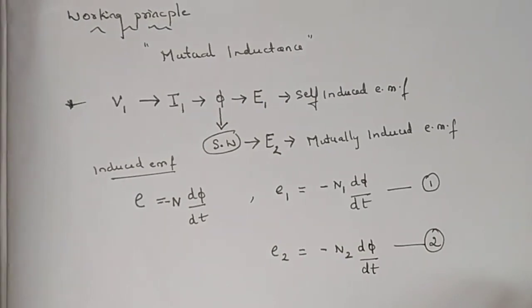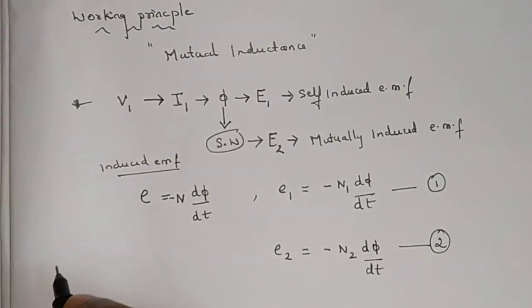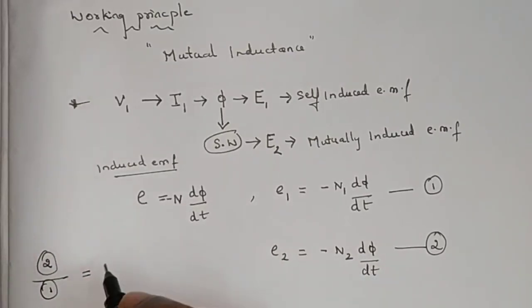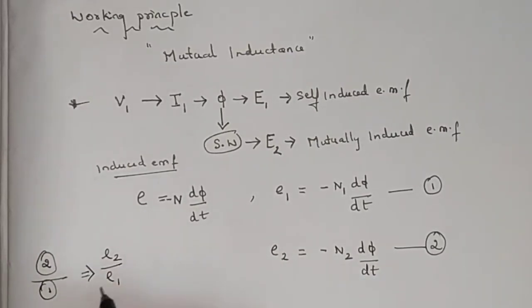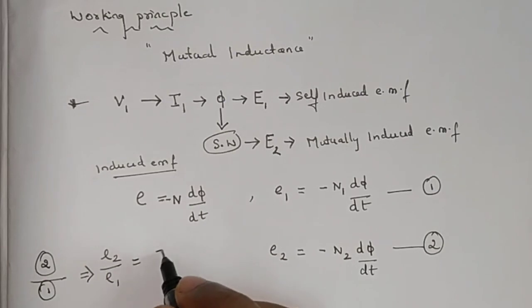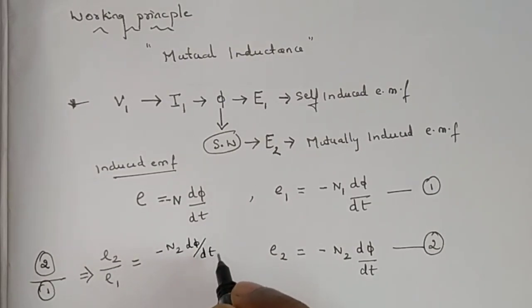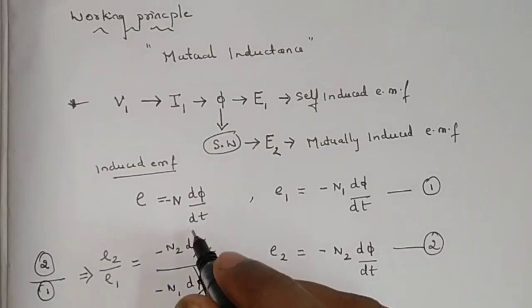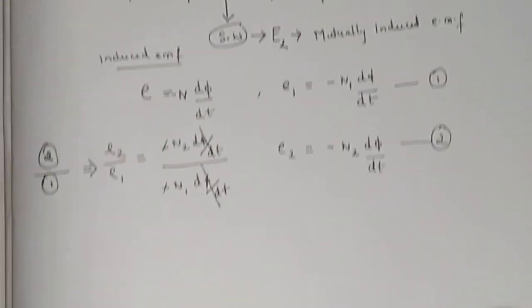I am going to find out the ratio. So for that I am going to divide 2 by 1. So equation 2, E2 divided by E1 is equal to E2, which is minus N2 d phi by dt, in the numerator, divided by minus N1 d phi by dt. So d phi by dt gets cancelled, negative sign gets cancelled.